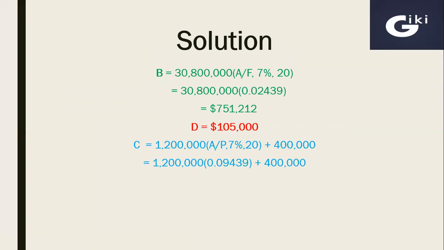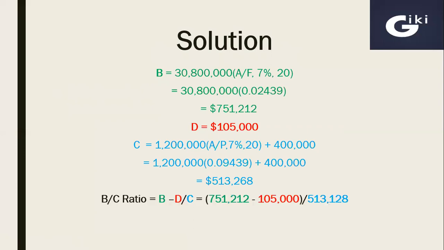So factor value is 0.09439, and the resulting amount is $513,268. Now we can apply benefit cost ratio, which is B minus D divided by C. 751,212 minus 105,000 divided by 513,268, and this B over C ratio is equal to 1.26. It means this is greater than 1, so project can be implemented or constructed.